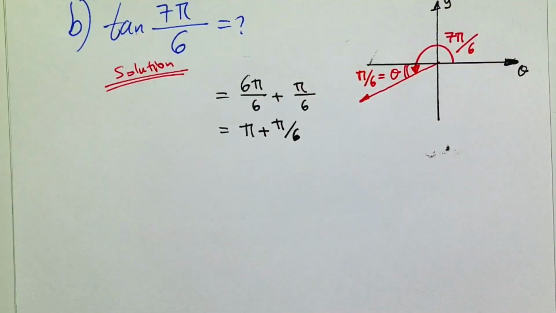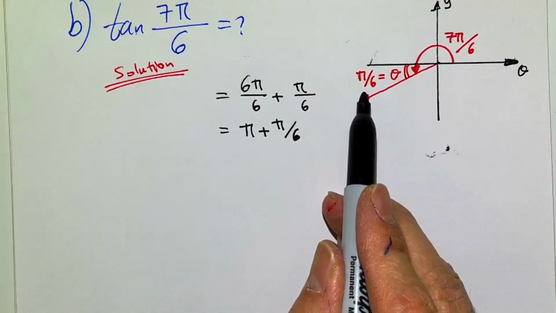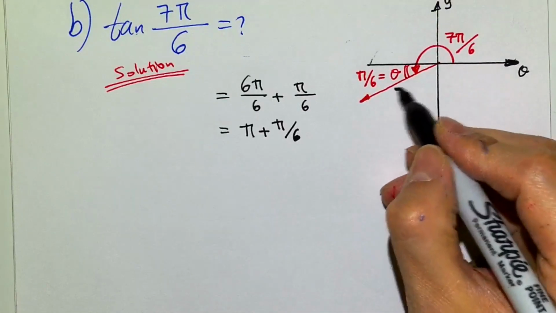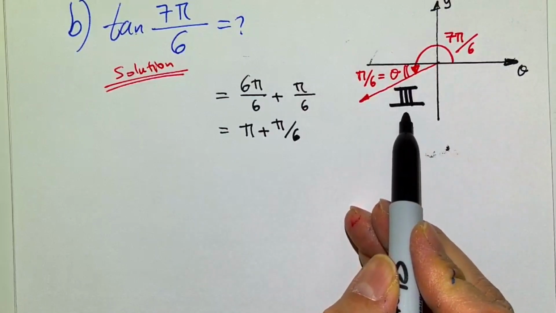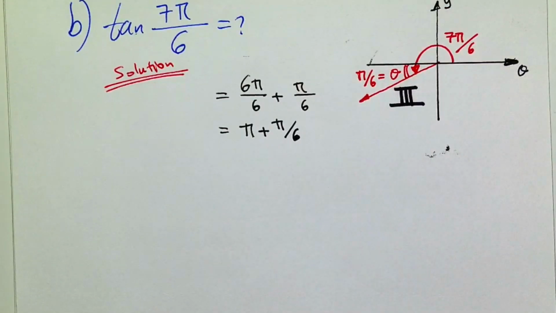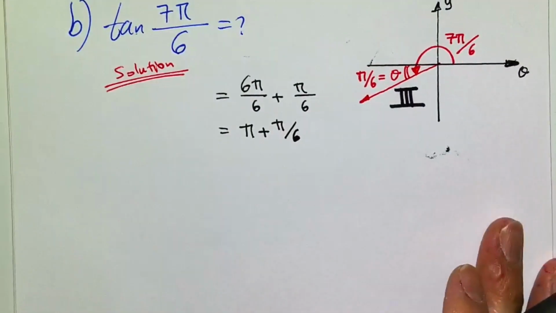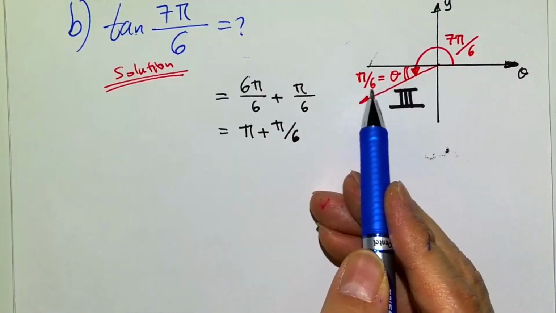Remember, we have to be very careful, because it's really easy to calculate tangent of pi over 6, but then you have to remember to apply the appropriate sign for the third quadrant. Now we're going to involve the tangent function. The reference number is pi over 6.